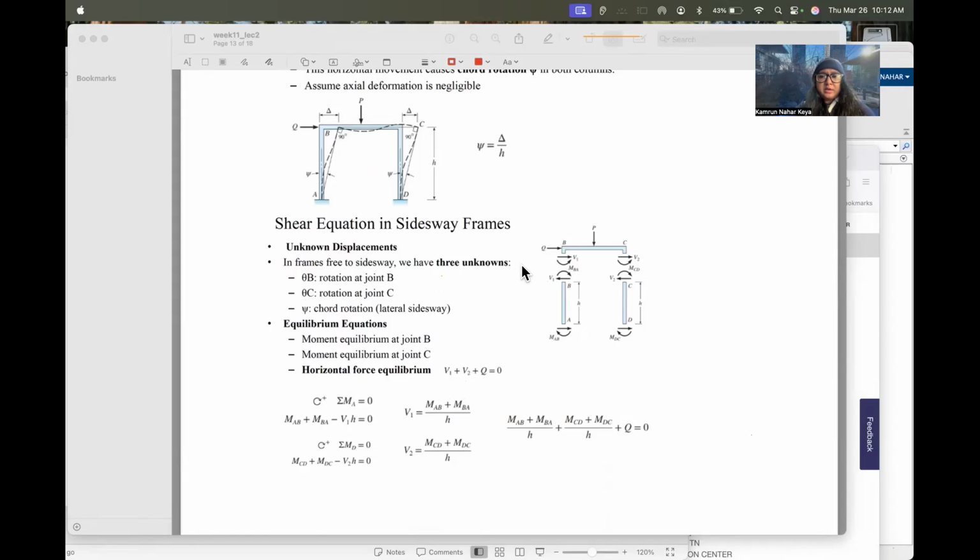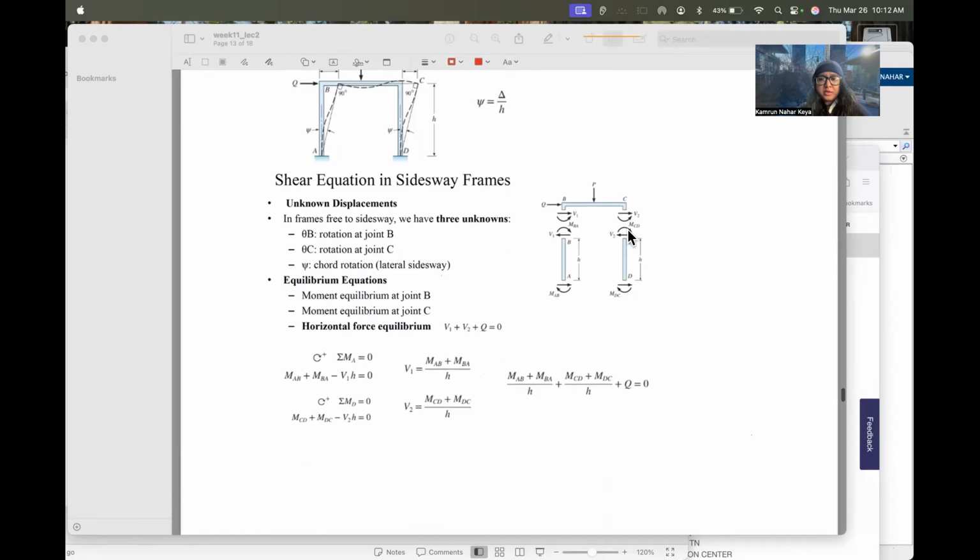Then after that, for the horizontal force, the way we solved it a few minutes ago for another example, the summation of Fx is considered 0. You can take a moment at A, then write the equation. It just shows how to solve it step by step if we have a lateral force. This is not like you have to memorize any equation.